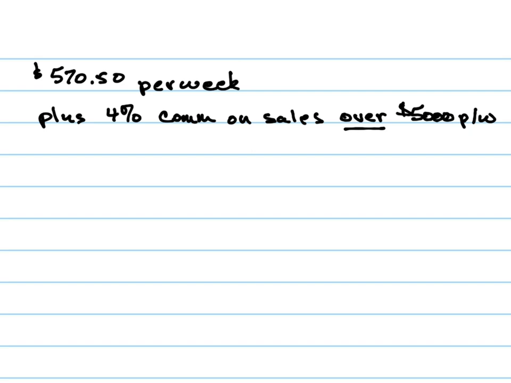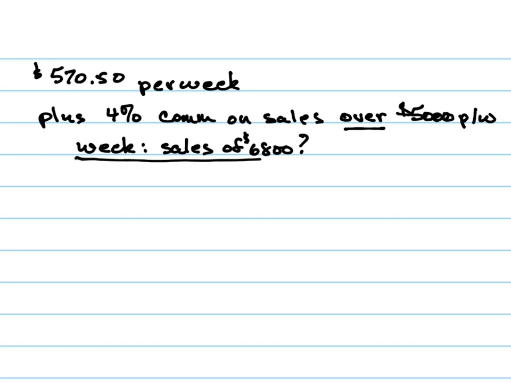Find his earnings in a week in which his sales amounted to $6,800. So how much would he earn for the week if he had sales of $6,800? So we know that he's already going to make a certain amount.